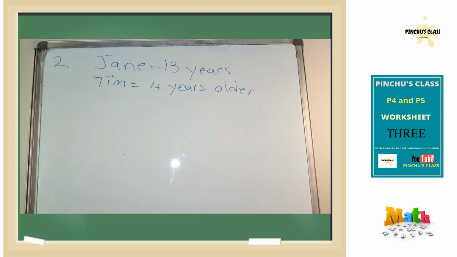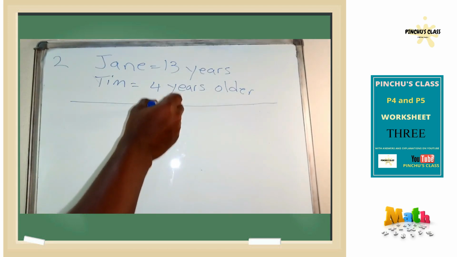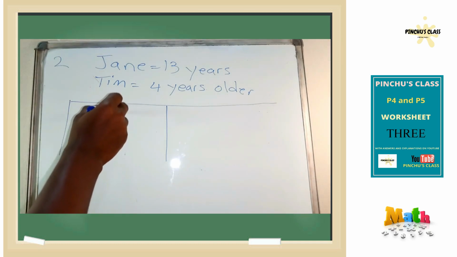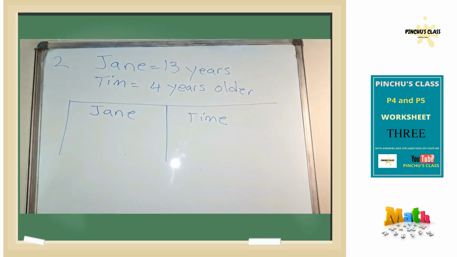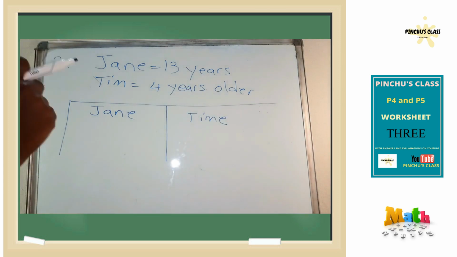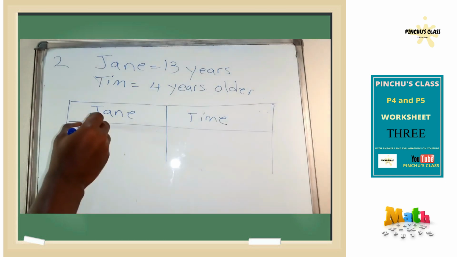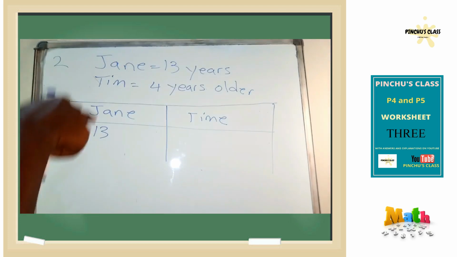So what we are going to do, we do a table to make it simple for us. A table of Jane and Tim. If Jane is 13 years, they have told us that Tim is 4 years older than Jane.